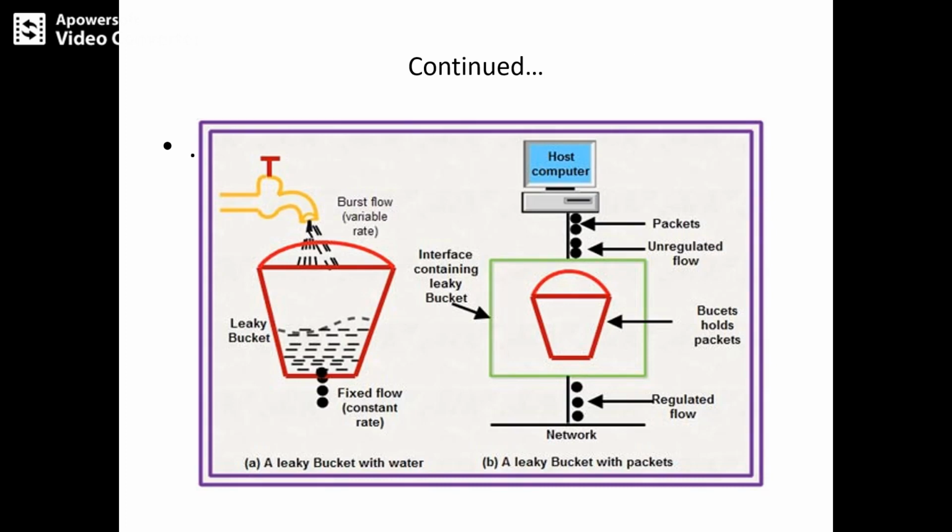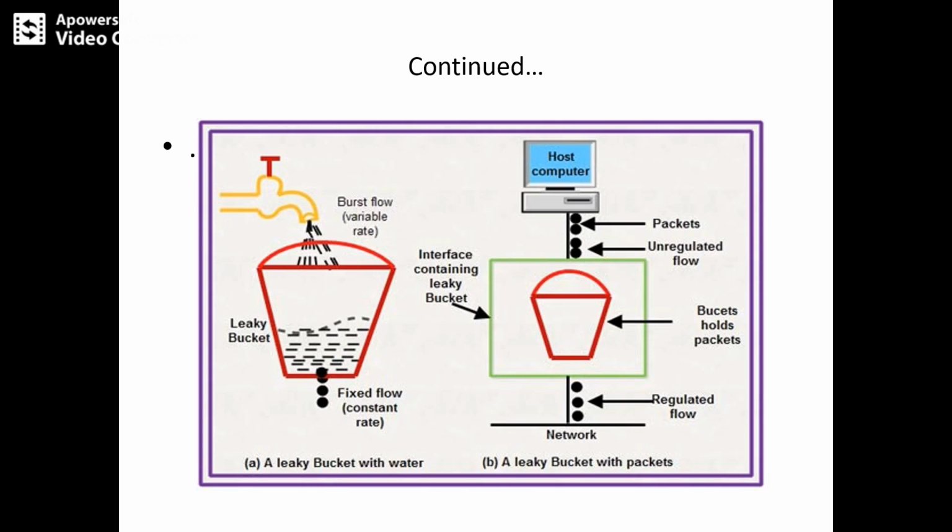This is the scenario where we can understand what exactly the leaky bucket algorithm is. In the first figure, A, a leaky bucket with water: the buffer is compared to a bucket. We get water from the tap, a bursty, variable rate that may overflow. The water coming from the tap may vary, fast or slow.